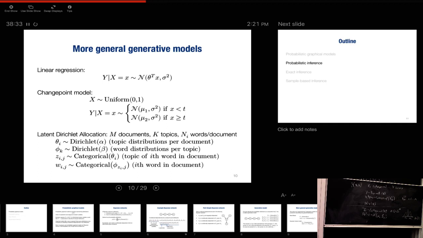This means that x is sampled uniformly between 0 and 1. So the kind of data that this thing generates looks like this. I sample an x between 0 and 1, say here. And then I use one mean for y if x is less than that point, and I use another mean if x is greater than that point.